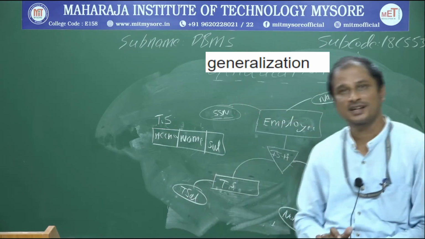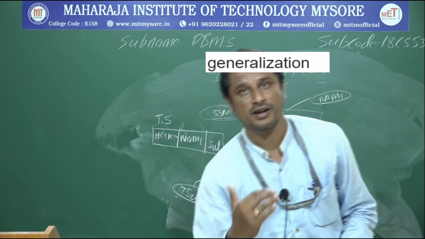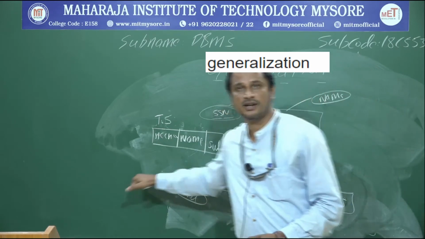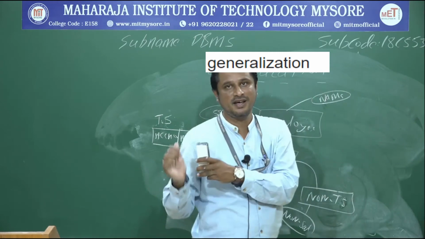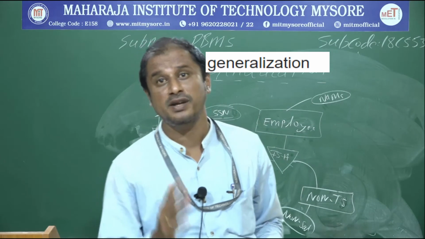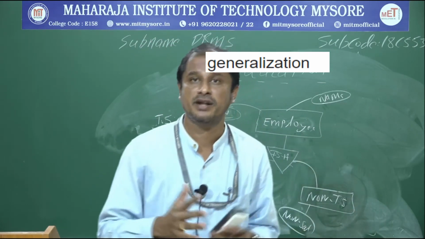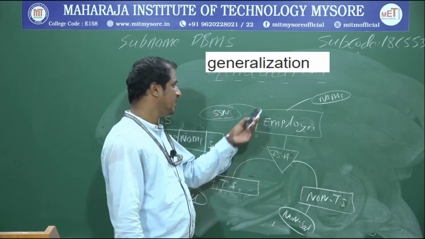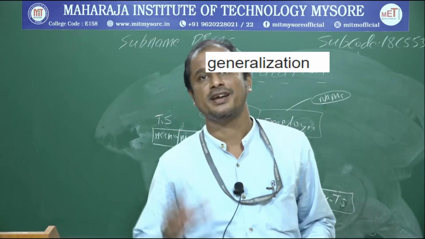Employee has to be split, in any organization that requires it, where I say that teaching staff go for teaching and non-teaching staff go for managing the classrooms. The relationship can be built in such a way. So like this we call it generalization. This is a requirement of generalization while writing an ER diagram.